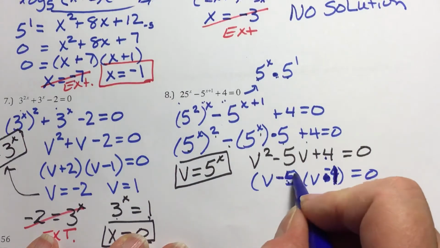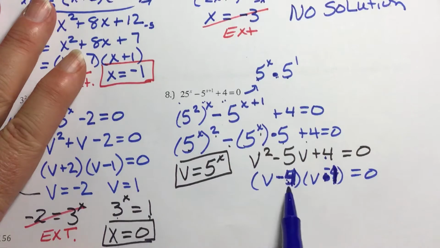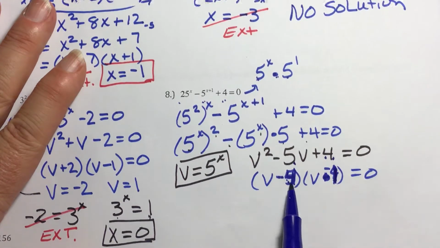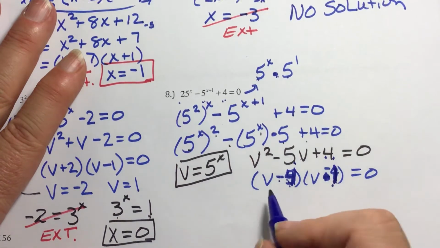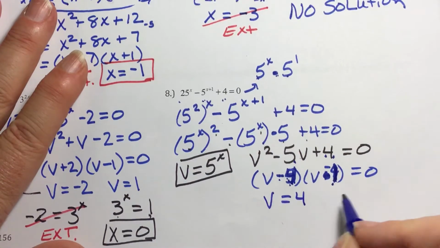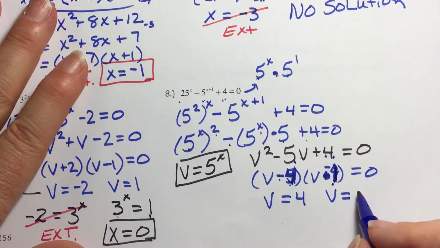Let's rework that one. Numbers that multiply to be 4 and add to be negative 5: negative 4 times negative 1 is positive 4, and they add to be negative 5. So if I solve this, v equals 4, and v is 1.